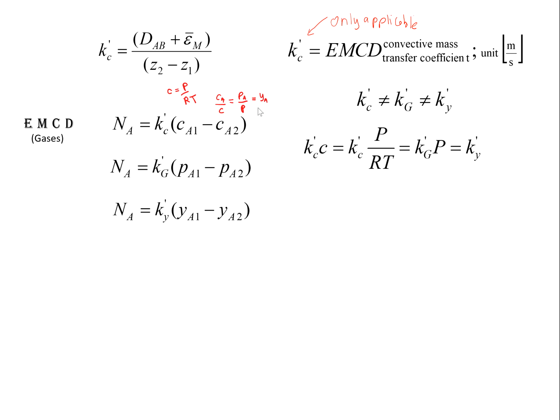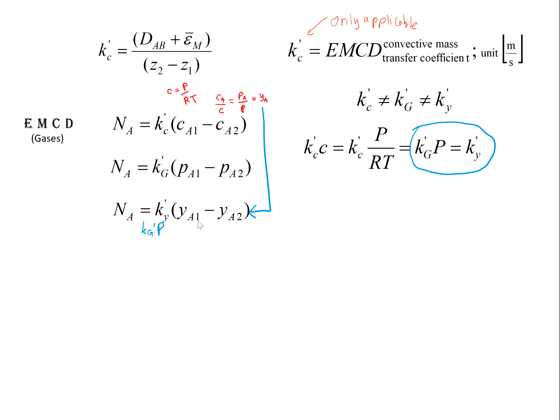So by taking this definition, we want to convert the second equation into the third equation over here. So we know this relationship: Kg prime P is equal to Ky prime. Okay, note that Kg prime is not equal to Ky prime, but Kg prime times P is equal to Ky prime. So we take Kg prime P over here to represent Ky prime.